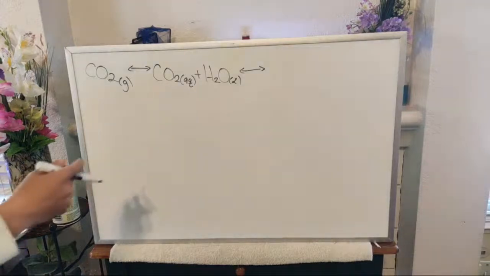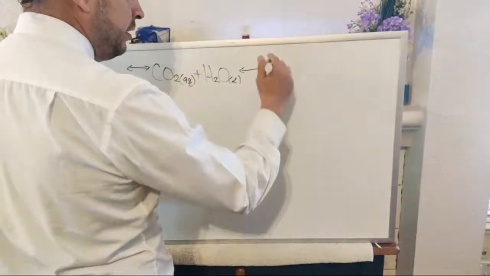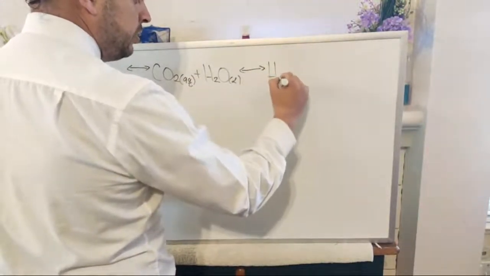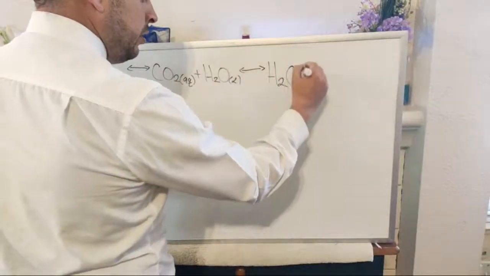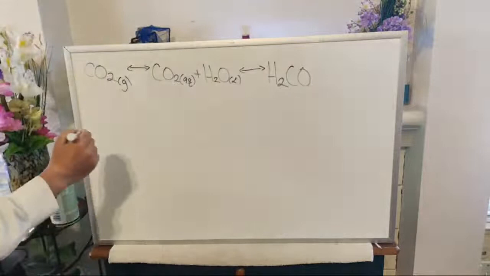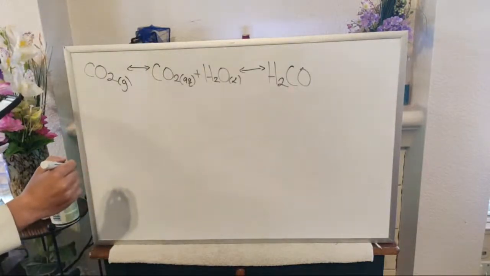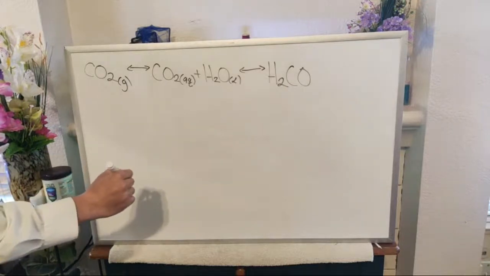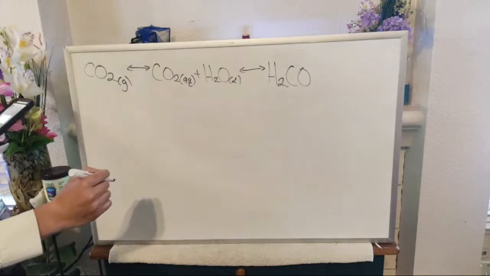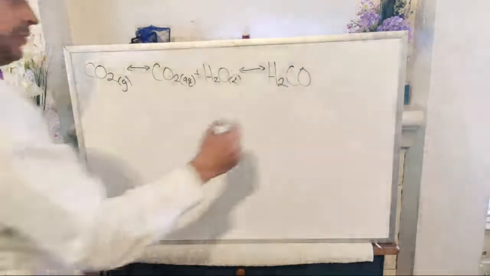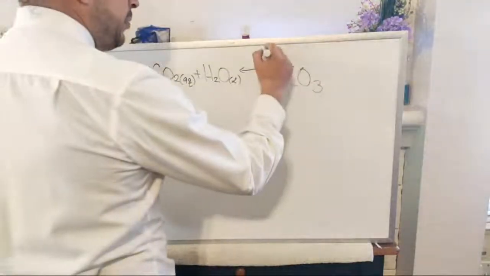You're going to form carbonic acid, H2CO. Is it CO2 or CO3? Let me check my notes. Yeah, CO3. So H2CO3, and this is carbonic acid.